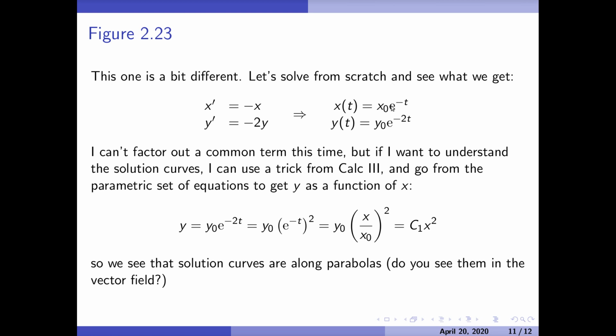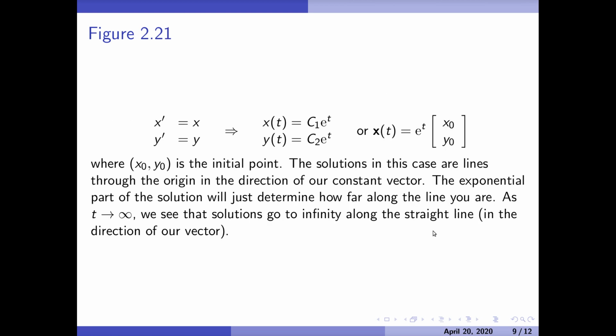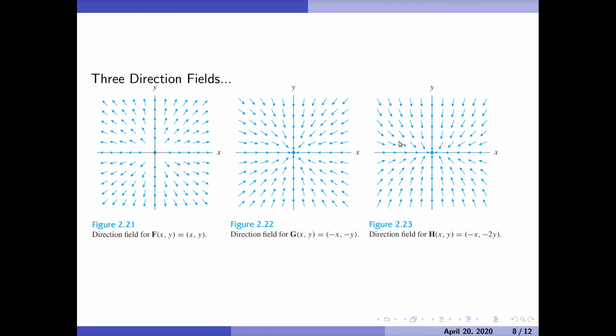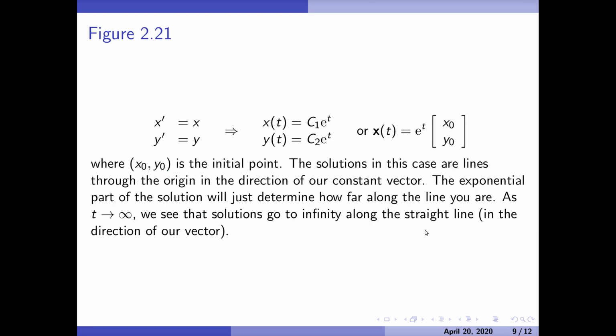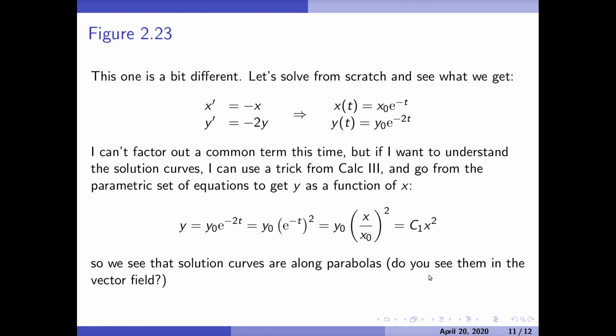And the reason to do that is because I can now solve my first equation for e to the minus t. That's x divided by x0. Substitute that in, and now I see that y is actually a parabola. And so if we go back to that graph, you'll see that solution curves are actually parabolas in this direction field. So that's kind of interesting.